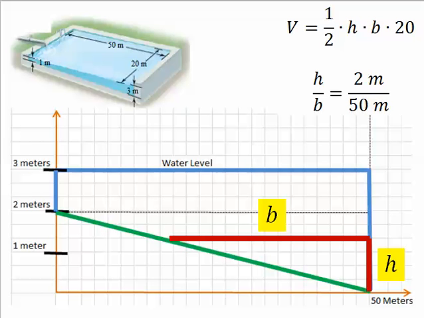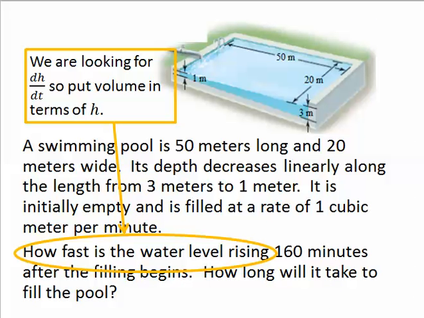So let's go back to the problem. We're asked in the problem, how fast is the water level rising? That means that we're looking to find dH/dt at 160 minutes.